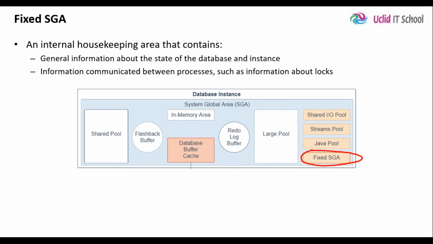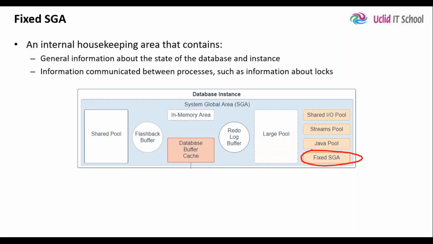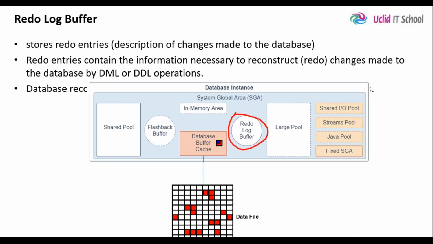So it all depends on how you want to manage Oracle memory. Oracle memory can be managed in different styles: automatic memory management, automatic shared memory management, manual memory management, which we will see in the next few slides. So this is something about SGA.